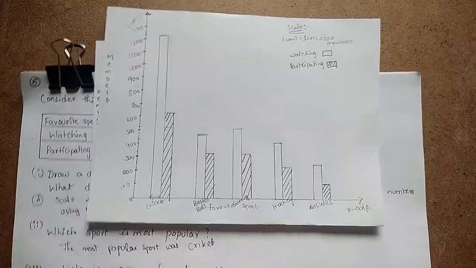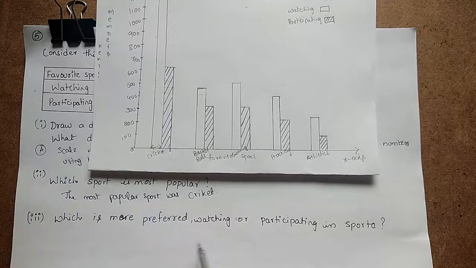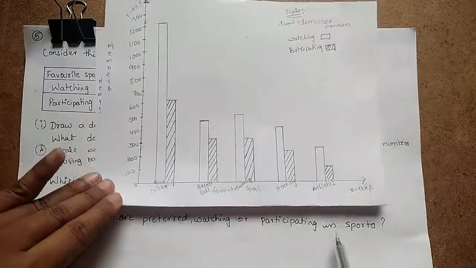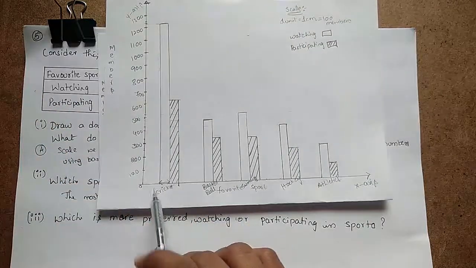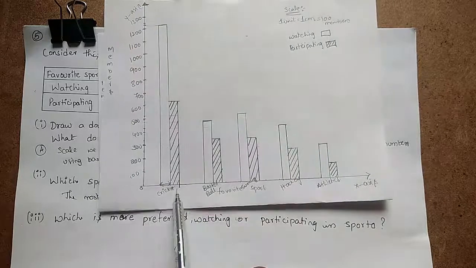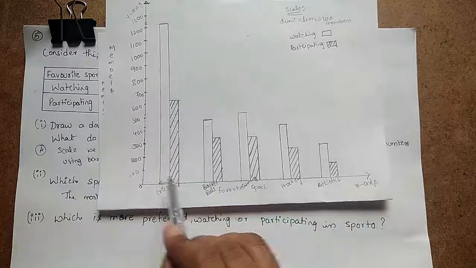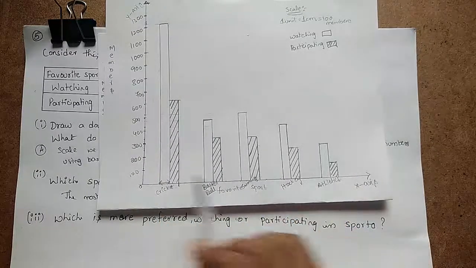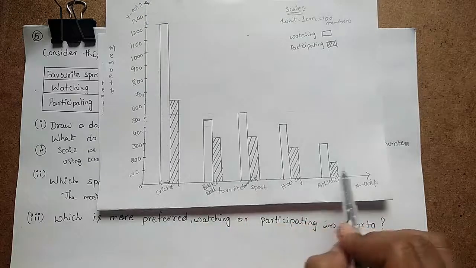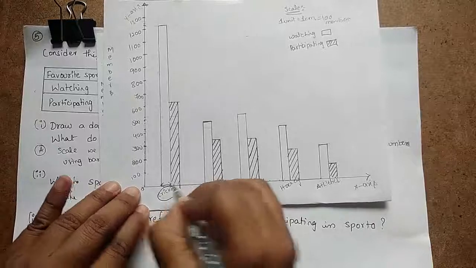Next, which is more preferred, watching or participating in sports? See here in a bar graph we can tell easily which is most preferred and most participating in sports, because in watching this was the plain bar graph and in participating this was the checkered bar graph. We are having most of the cases for the cricket sport.